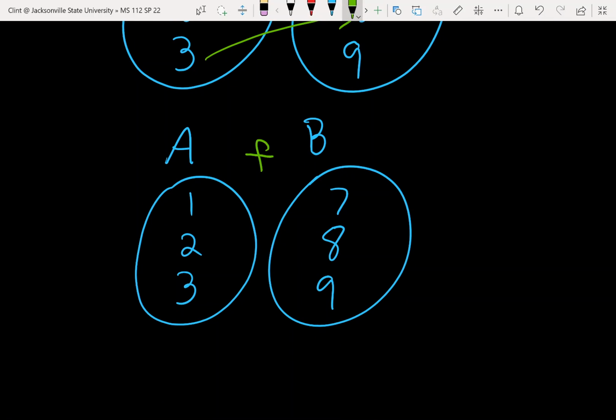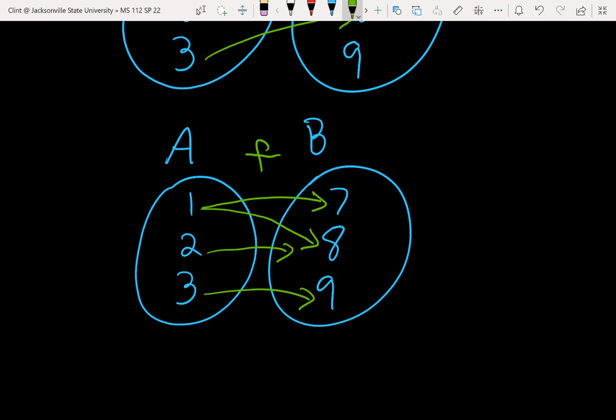So, what about this one? What if 1 goes to 7 and 1 goes to 8, and then maybe 2 goes to 8 and 3 goes to 9? This one would not be a function. And the place where the rule gets broken, the definition gets broken, is here.